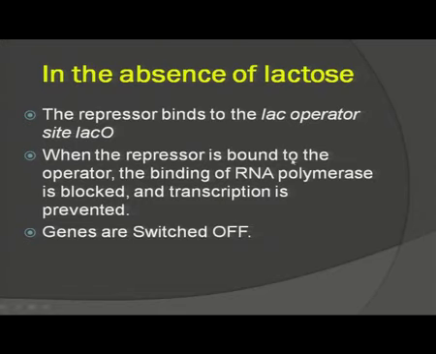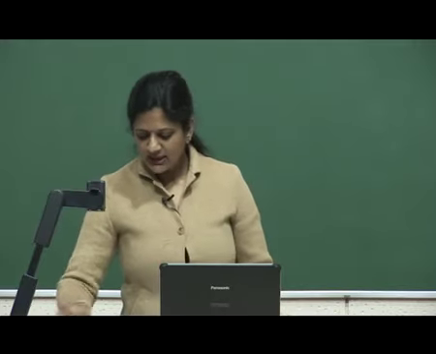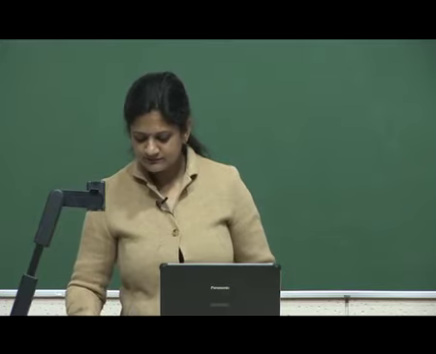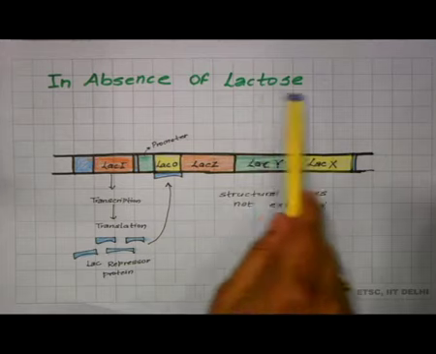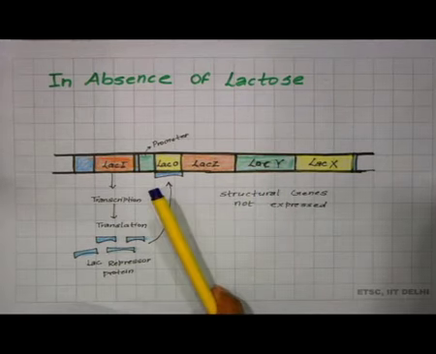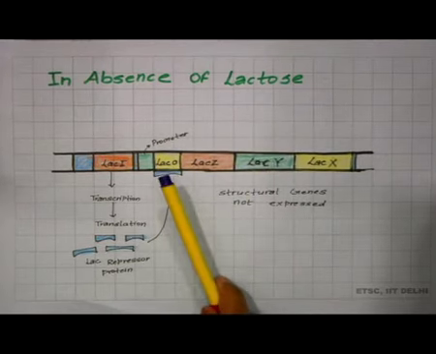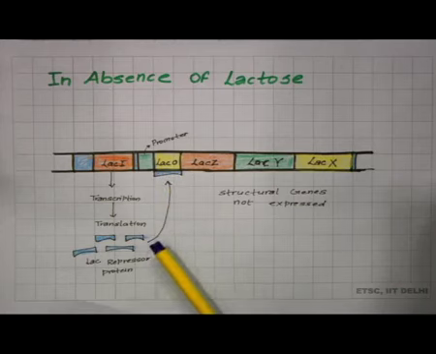So, when the repressor is bound to the operator, the binding of RNA polymerase is blocked, transcription is prevented and genes are switched off. You can know about this with the help of this diagram. In the absence of lactose, there should not be gene expression, there should not be synthesis of enzymes which are involved in lactose metabolism.